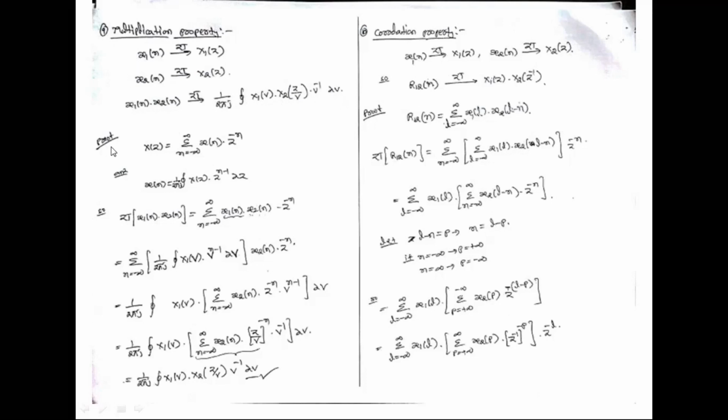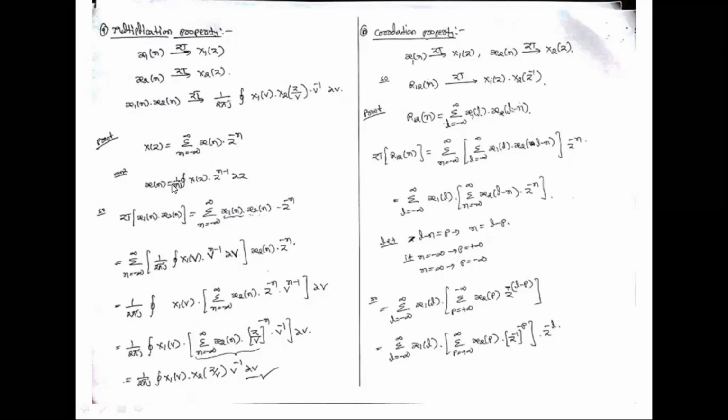To prove this, first of all, you can take the Z transformation definition. X of z is equal to the sum of n from minus infinity to infinity, x of n z power minus n. Now I am taking another signal here.